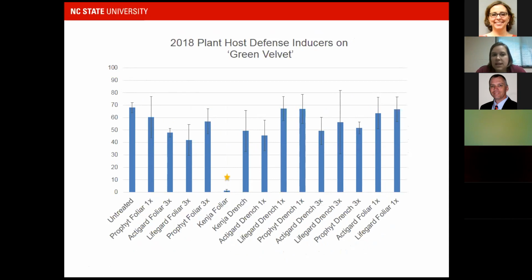So on the previous slide, the untreated control had about 90% disease, and we have a little bit lower here. Here we didn't see really any differences between the products, but the only one was that the Kenja foliar had significantly less disease than our untreated control.